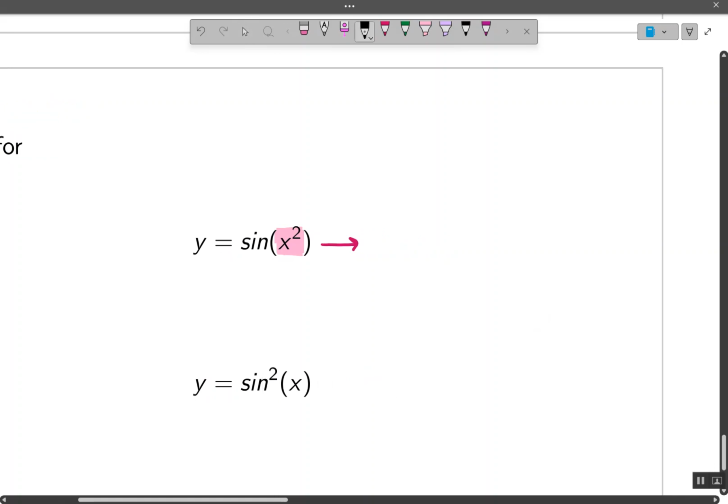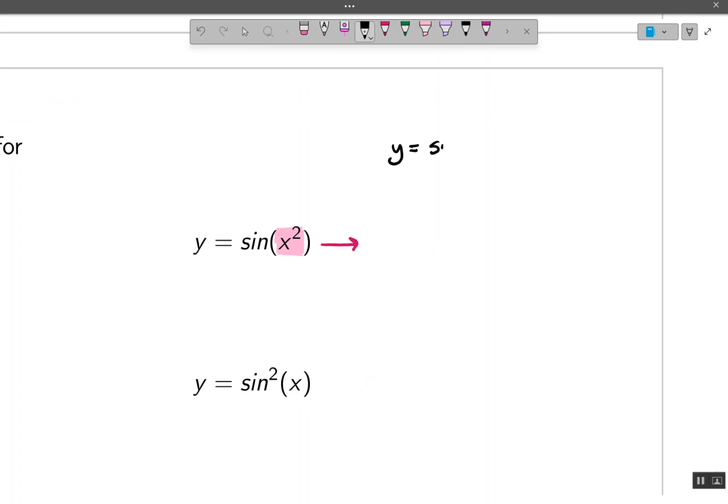We can rewrite this as y equals sine of something. So the derivative is going to be the derivative of this guy times the derivative of the inside.